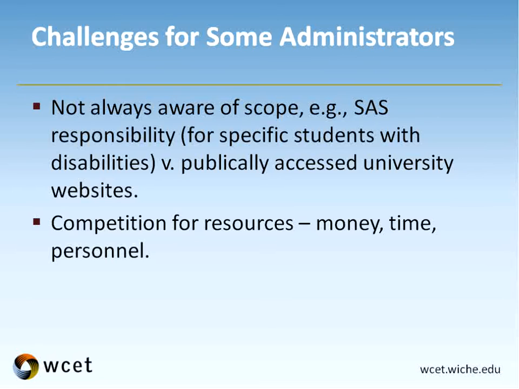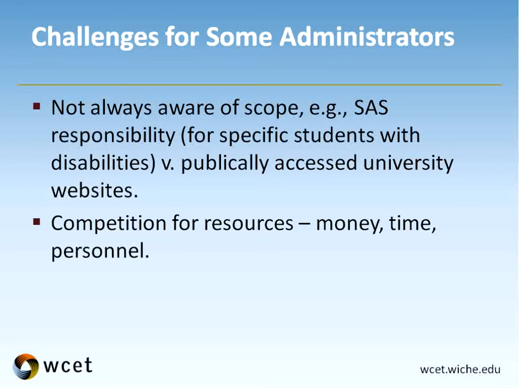Some of the challenges that we face is that some administrators aren't always aware of the scope. Our office, Student Accessibility Services, focuses primarily on specific students with disabilities. Kathy talked about accommodations versus general accessibility.